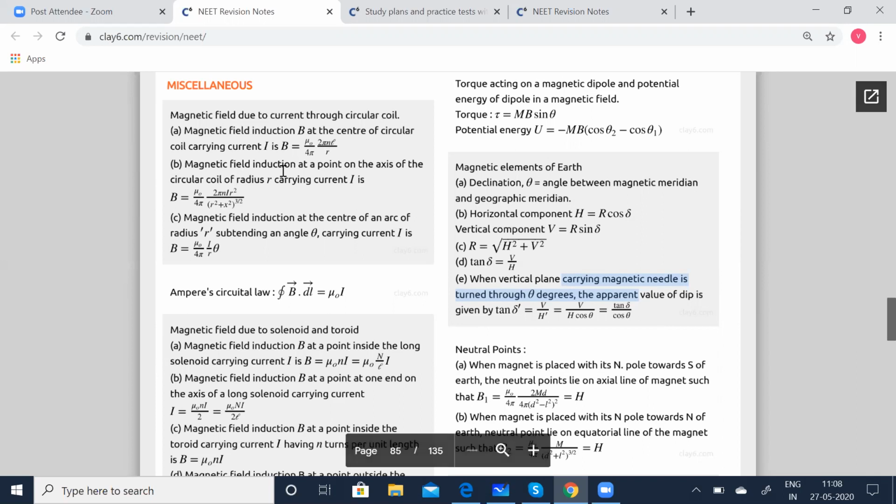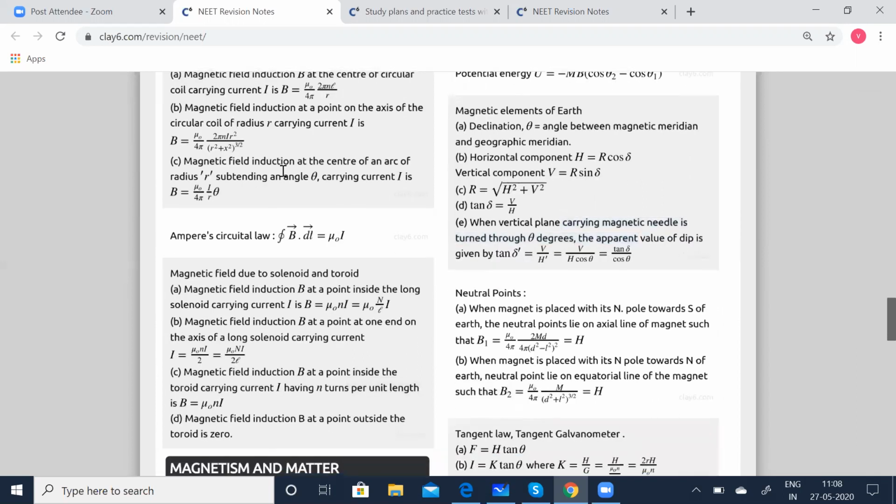Magnetic field induction at a point on the axis of the circular coil of radius R carrying current I is B is equal to mu 0 by 4 pi 2 pi N I R squared divided by R squared plus X squared to the power of 3 by 2, where X is the distance at which the particle is kept from the center.